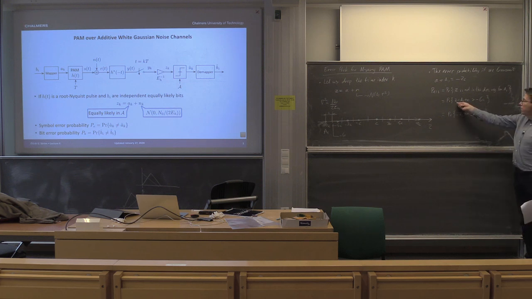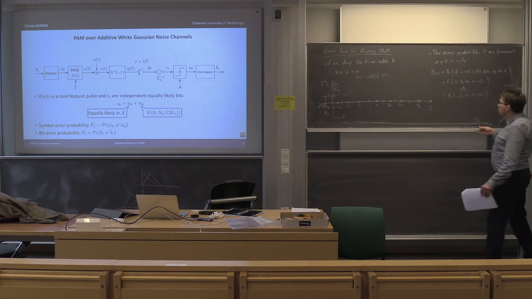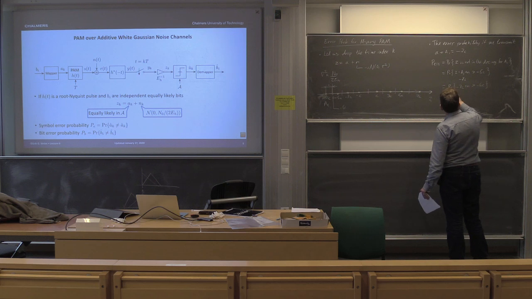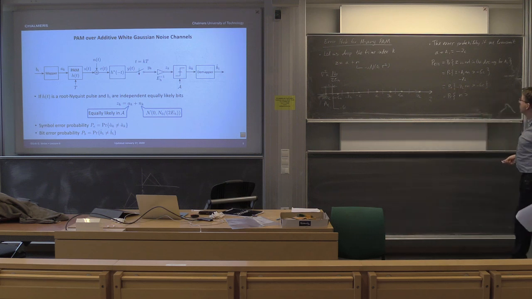We wanted the probability that Z is greater than some value. Z is equal to A1 plus N. A1 is negative 7C. So we just write that. Probability that negative 7C plus N is greater than this. This we can write as the probability that N is greater than C.